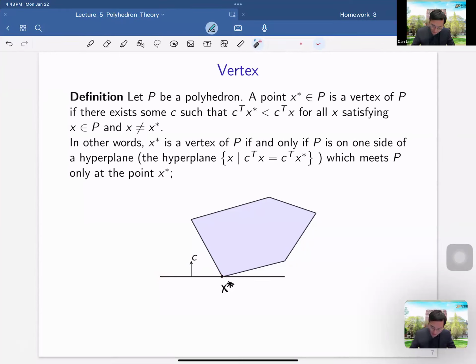But all of this polyhedral is on one side of this hyperplane, except at this point X star here. Essentially you find a hyperplane that only intersects with the polyhedral at a given point X star, and the rest of the polyhedral is all on a single side of this hyperplane. That's the rigorous definition of a vertex. Okay.